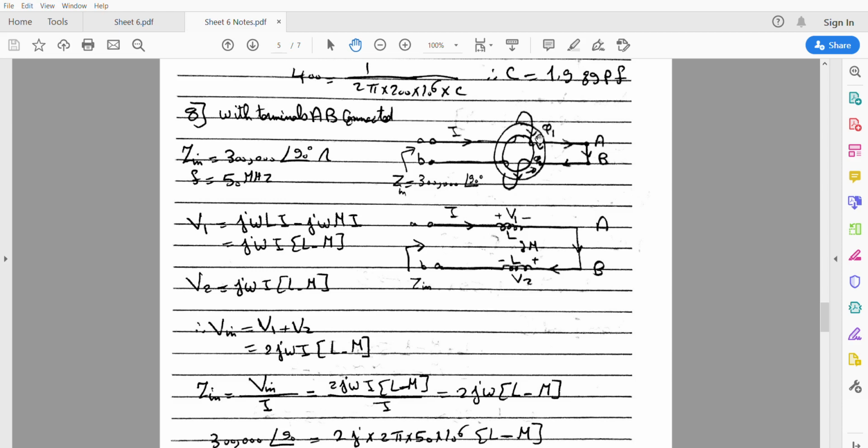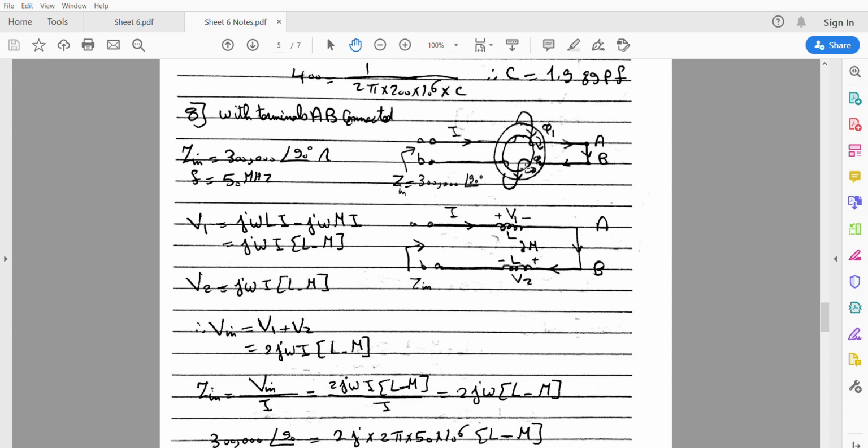So since the direction of this current is into the paper, the direction of the magnetic field will be to the right.